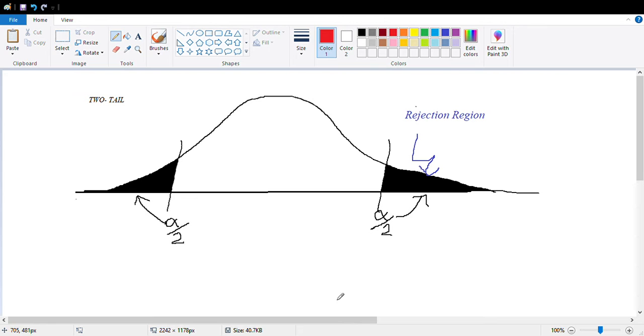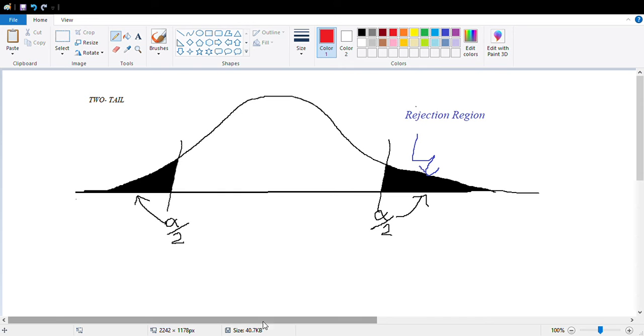This two-tailed test will be important when we are going to compare the computed value of the test statistic to the critical test statistic.